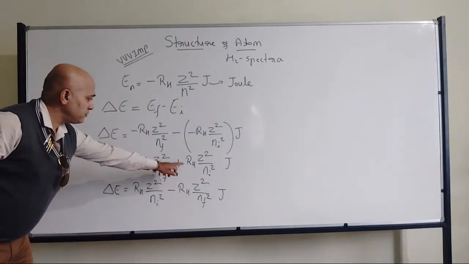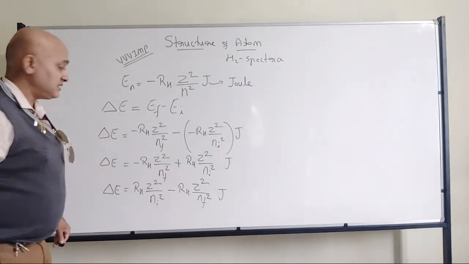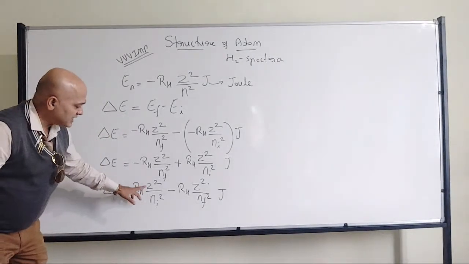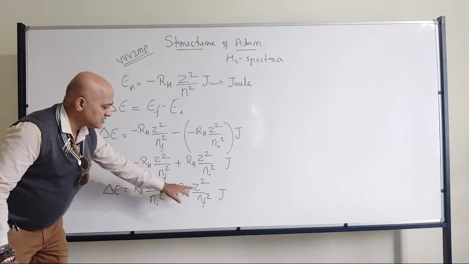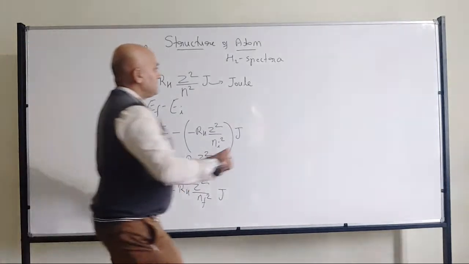I have just taken the positive value on this side near the equal sign and the negative value on the other side. If you observe carefully, R_H and Z square are common in these two terms, so I will take them outside.